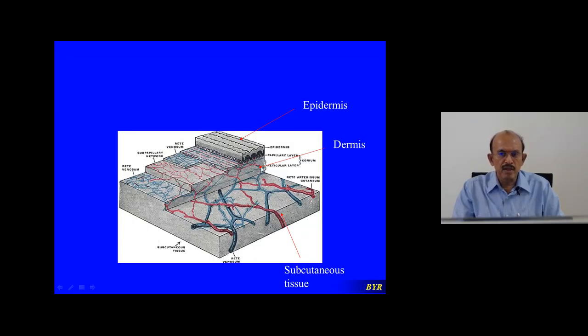So it will be there only up to dermis. But in the epidermis, there is no blood supply. So that is why you can, as a unit, remove the skin, its underlying subcutaneous tissue, and its underlying muscle. It survives if it has its own intact blood supply to the muscle.